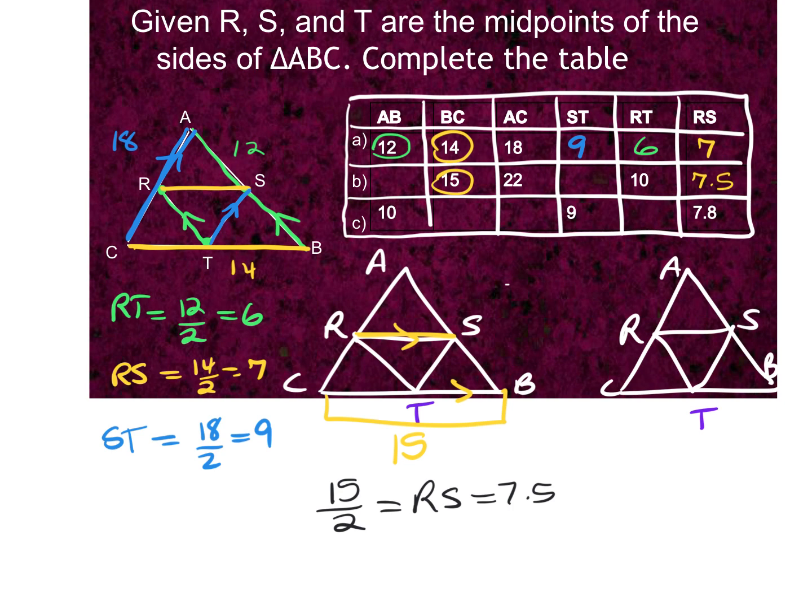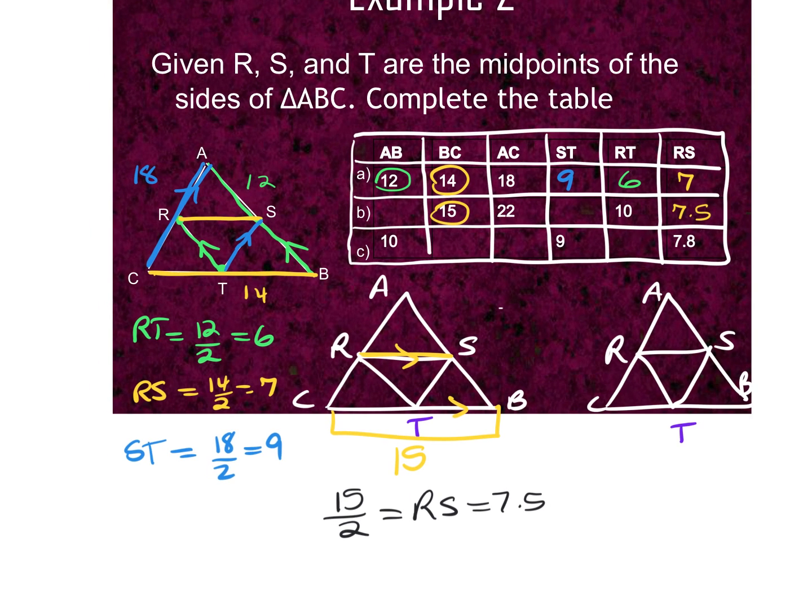Next, they're giving me AC. AC is 22, and AC is parallel to ST. So in order to find the length of ST, all I'm going to do is take 22, divide it by 2, and ST is 11.